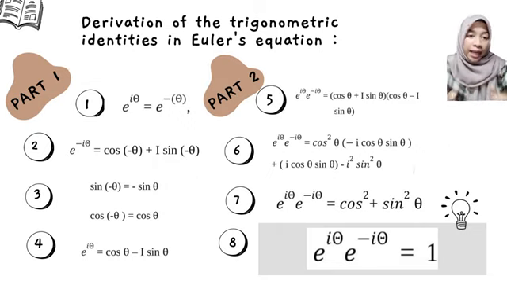Secondly, in part 2, given e power of i theta times e power of negative i theta equals 1 in step 8, based on the trigonometry identity cos squared plus sine squared equals 1, it is proven that the trigonometry identity can be applied in Euler's formula.